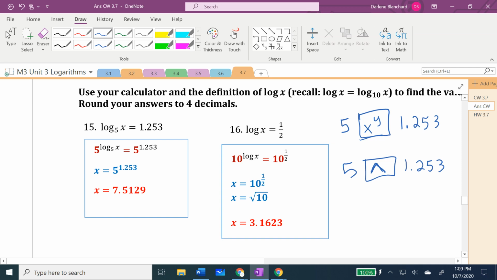Other calculators, you actually have to put the exponent in first, then push a button, and then put the base. So you've got to know your calculator and how it in particular works. And then with 10 to the 1/2 power, you can just do square root of 10, but know that you can also use this technique that I'm showing you here and do it with a 1/2.